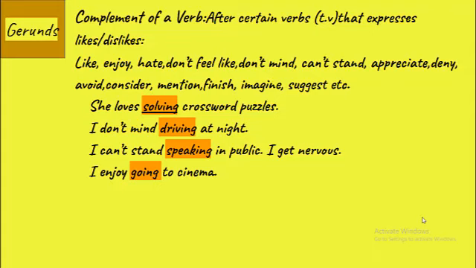I don't feel like going somewhere. I don't mind, students, when they put questions at me. I can't stand insult of my parents. Can you? I guess we can sometimes, but not insult by others.